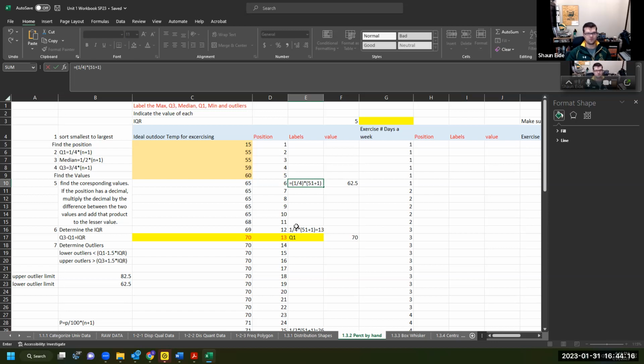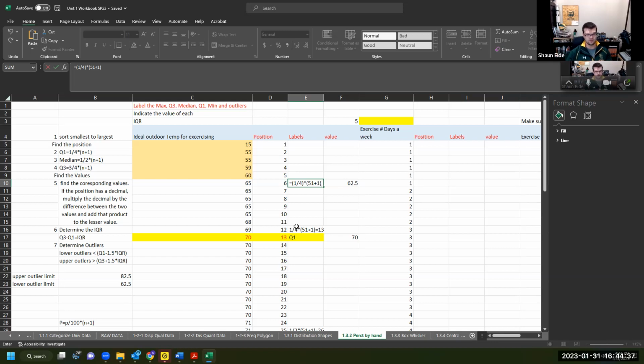And the reason why you do 51 plus 1 is because the quartiles assume you're splitting up one whole set of data, and so adding that 1 allows you to say we're splitting a certain amount above, a certain amount below.